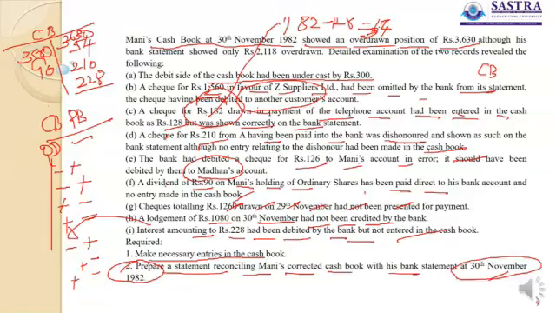Now the cash book's balance is 4122 credit, and the debit side balance is 3732. This is what is going to be taken for the bank reconciliation statement. We shall see in the next page.